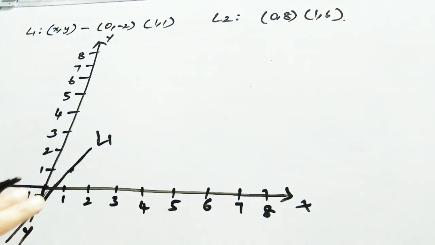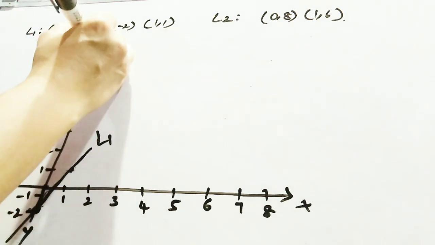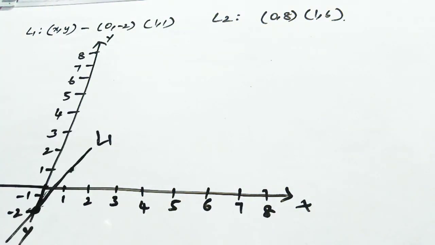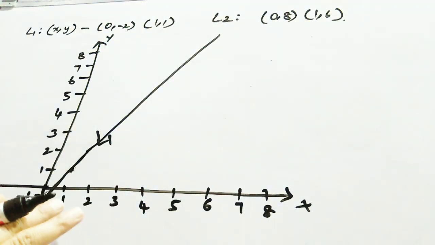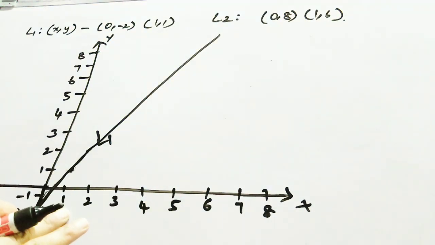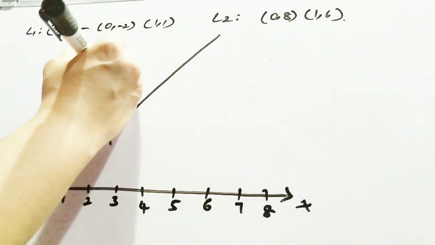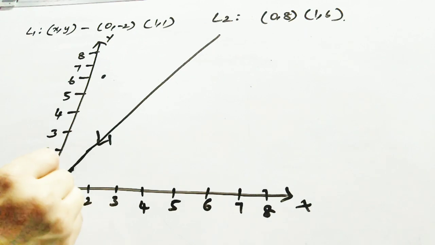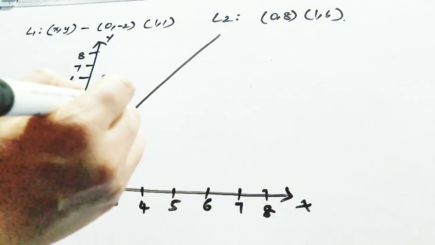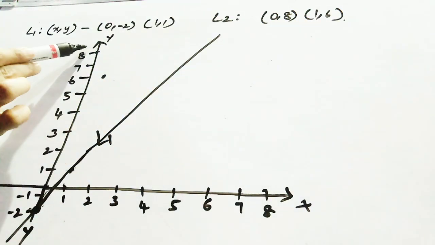Next, L2: if x is 0, y is 8, and if x is 1, y is 6. Just draw a line.